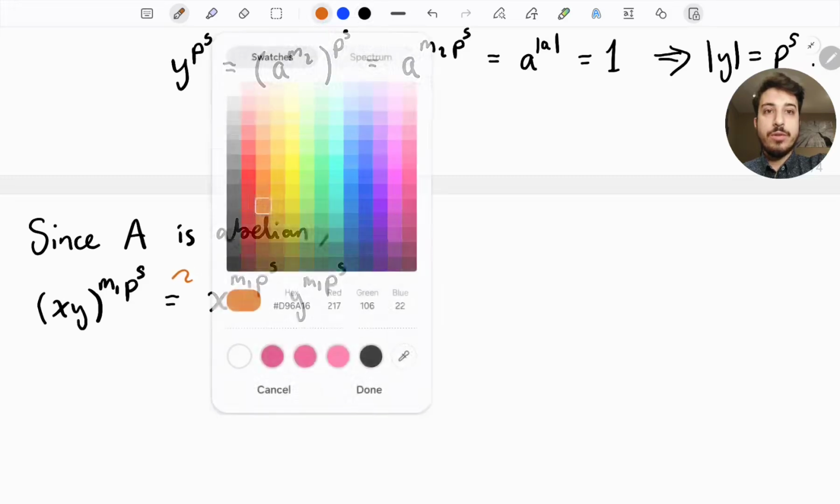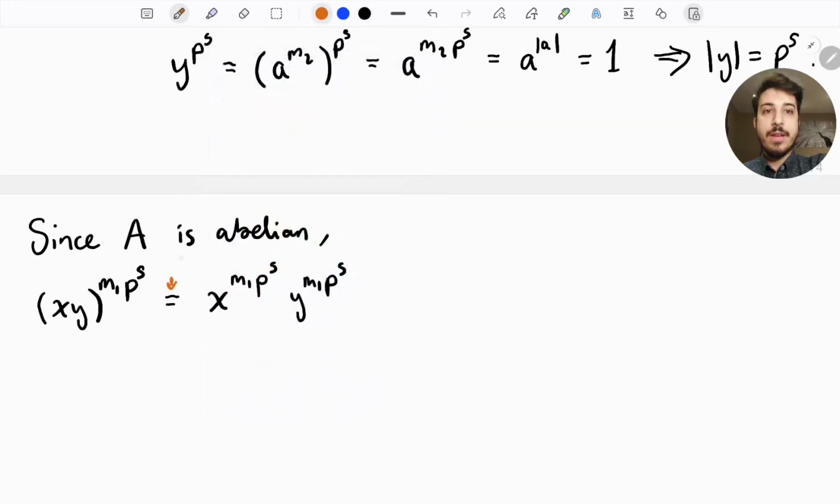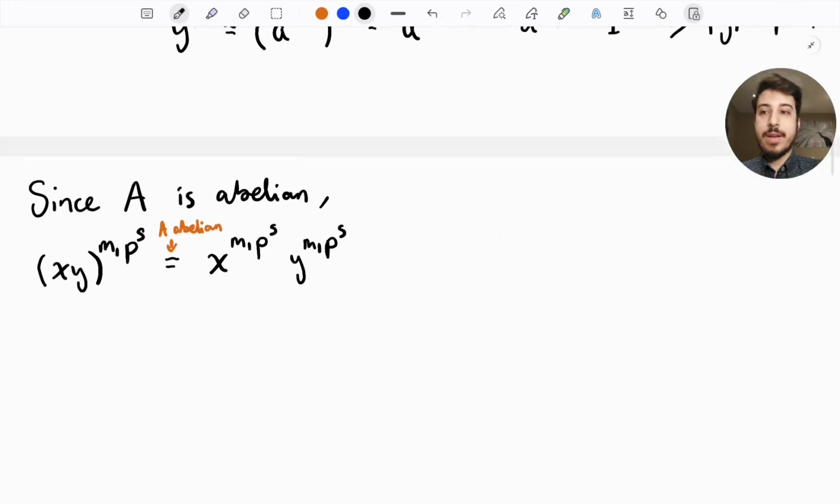Remember, this is only true if A is abelian, because then we would be able to commute the elements, and then we could put all the powers of x on the left side, all the powers of y on the right side.